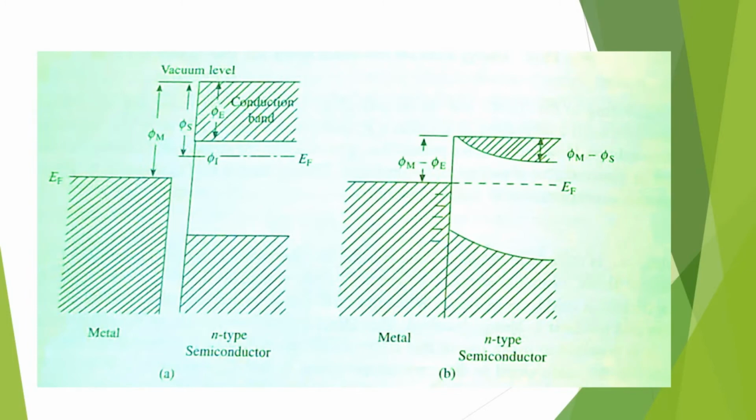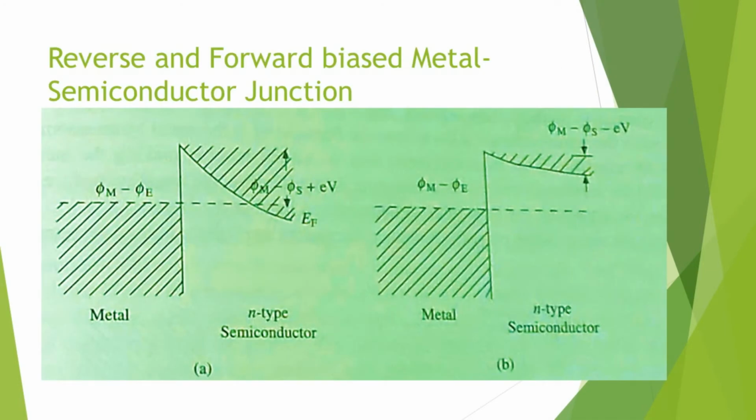In the reverse case, if you change the polarities such that the metal is positive and the n-type semiconductor is negative, this will push the electrons towards the junction. So this barrier height will become lesser compared to the original barrier. It will be phi m minus phi s minus eV.